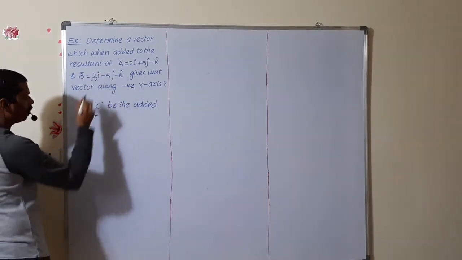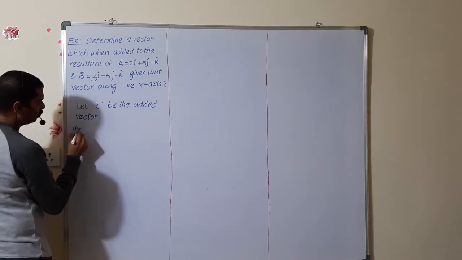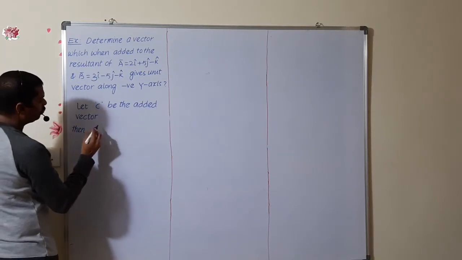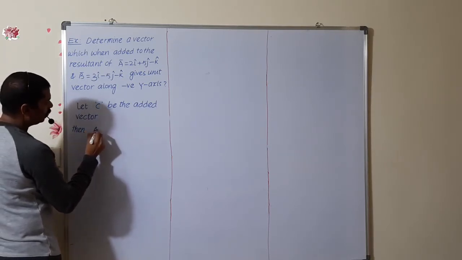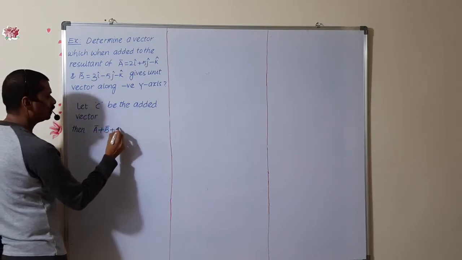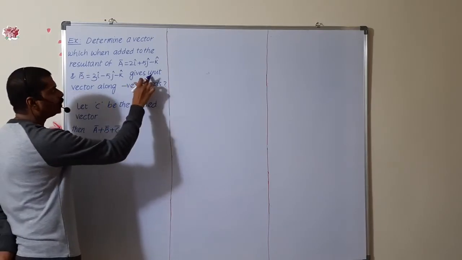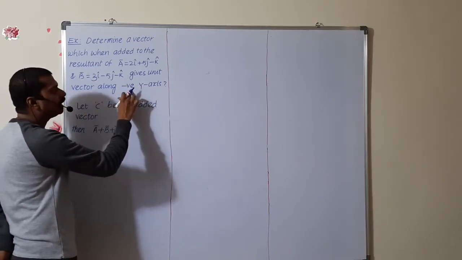Then we can write, according to the formula, a vector plus b vector plus c vector is equal to what? The unit vector along the negative y-axis.